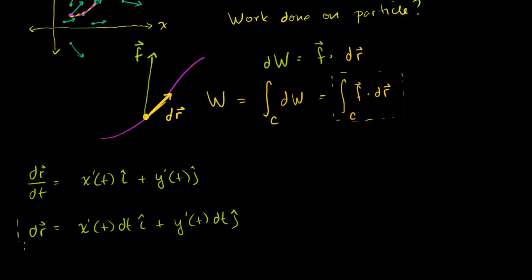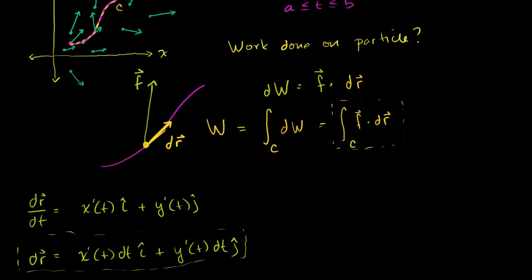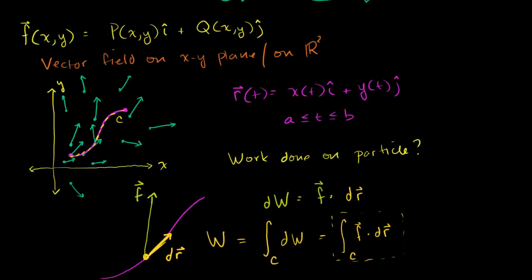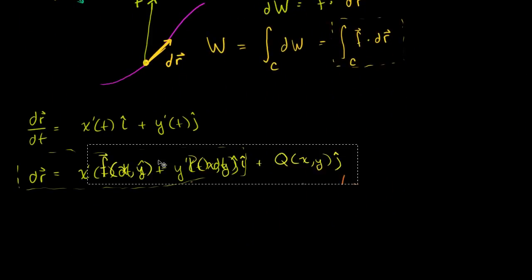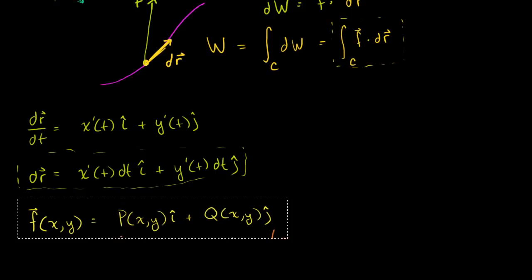So this is our dr right here. And remember what our force, our vector field was. It was this thing up here. Let me copy and paste it. And then we'll see that the dot product is actually not so crazy. So let me paste it down here.